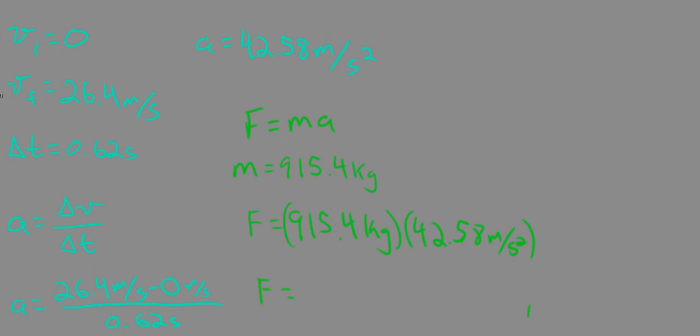So looking at the force here, when I calculate these two things out, my force here is going to be 38,978.3 newtons. So that's a lot of force. And now those dragsters are pretty big, so that also kind of makes sense there.